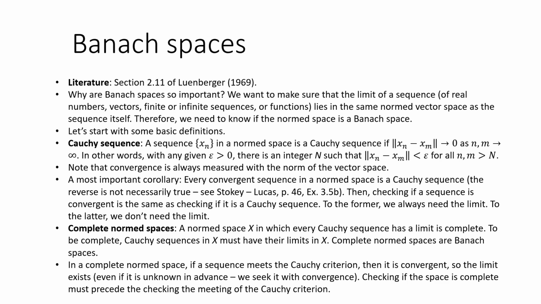A sequence in a normed space, whatever it is, a normed space of vectors, a normed space of sequences, a normed space of functions, is said to be a Cauchy sequence if the difference between any two elements in the sequence at the far end approaches 0.